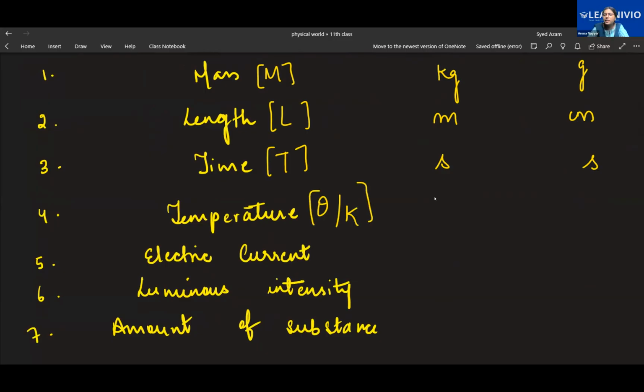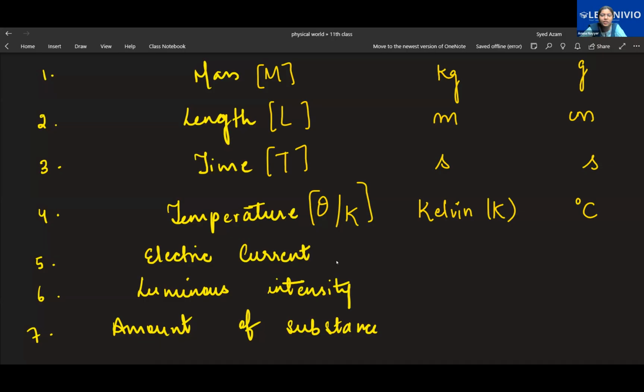K is mentioned because the SI unit of temperature is Kelvin. 453 Kelvin, 300 Kelvin, 273 Kelvin, like this you will see. When you see degree Celsius, Celsius is the CGS unit of temperature. The standard one is Kelvin, Celsius is different. Their conversions we'll see in the last chapters of thermal physics.